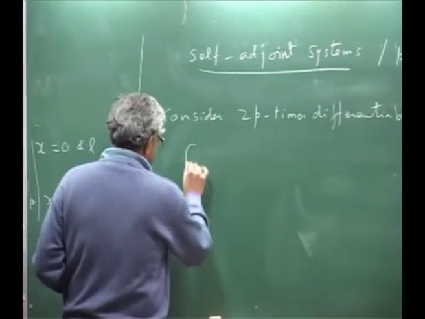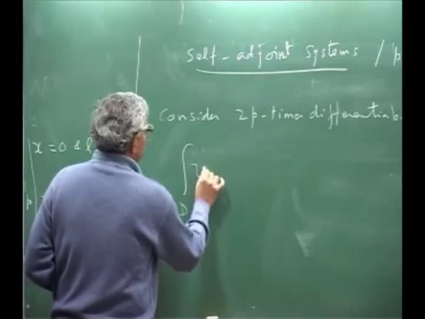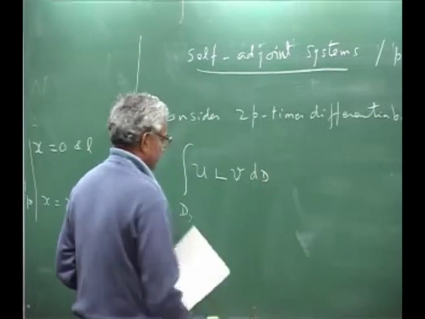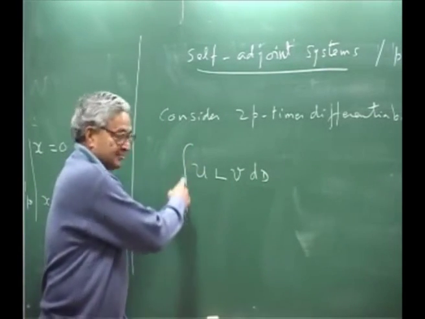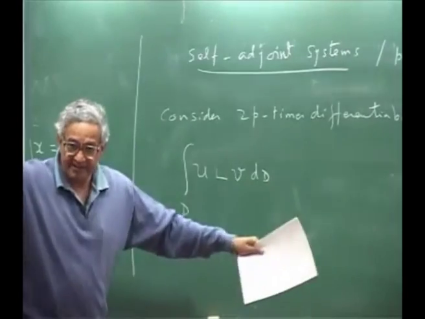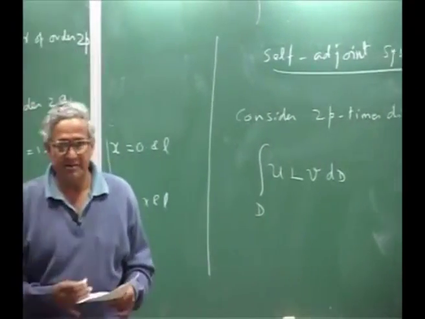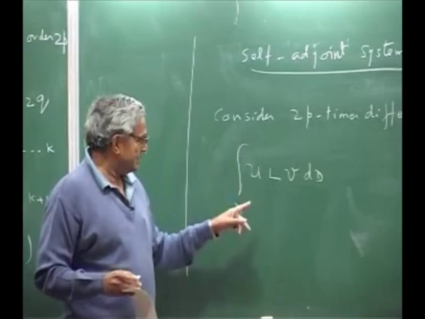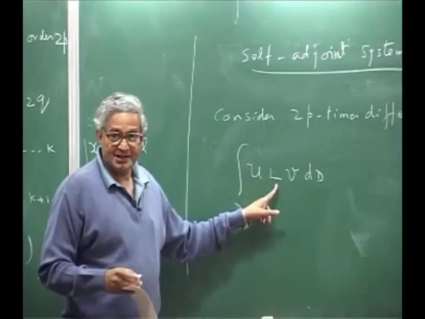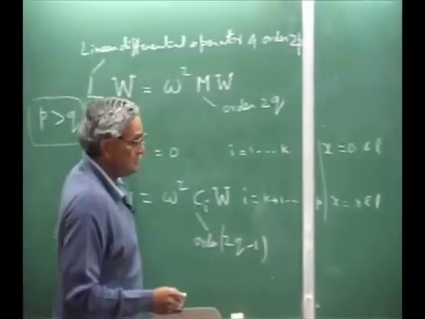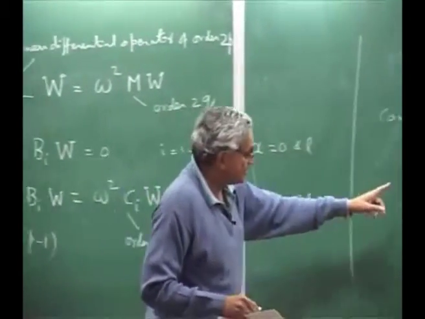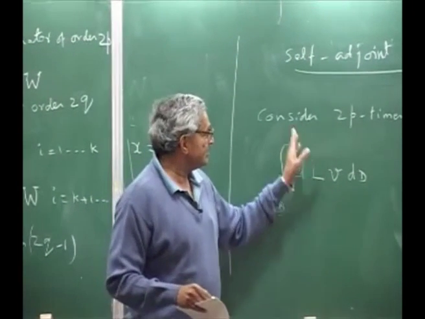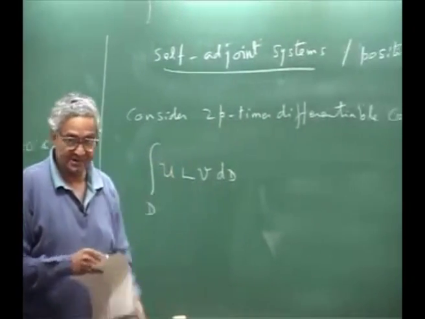D is a domain, that means the field. In the case of a beam, 0 to L, the length of the beam, and this is the operator L. This operator operates on V, and U and V are comparison functions.